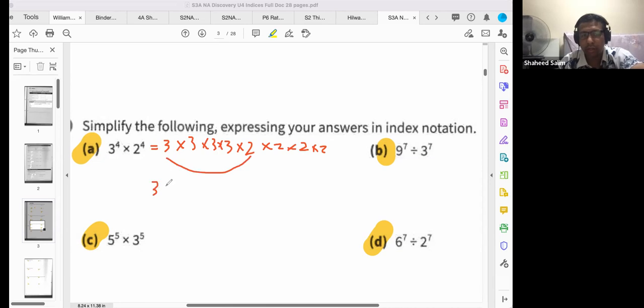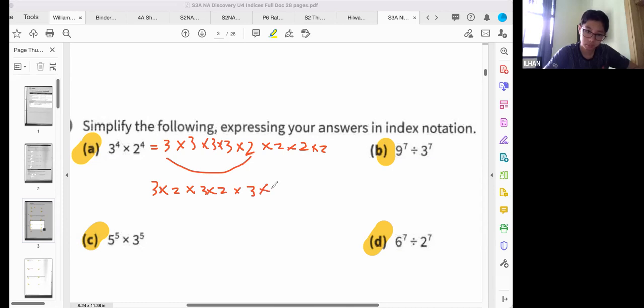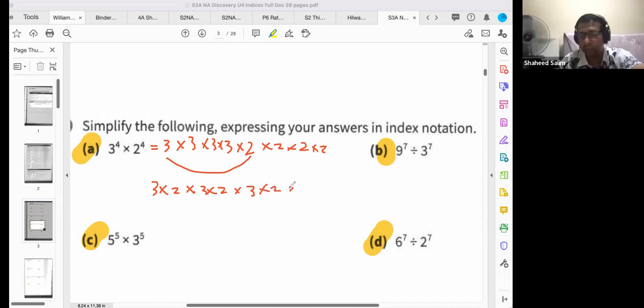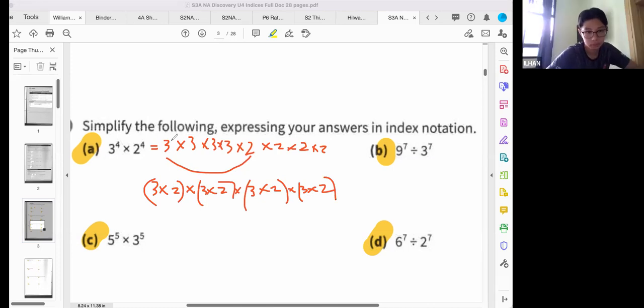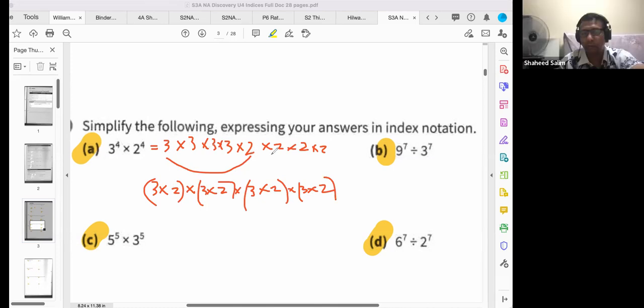So it's 3 times 2 times 3 times 2. Do you agree if I can do it like that? Possible. Yeah. So how many pairs of 3 times 2 will I have? Let's see, 1, 2, 3 and 4. Can you see it's 4? Yeah, because there are four 3s and four 2s.